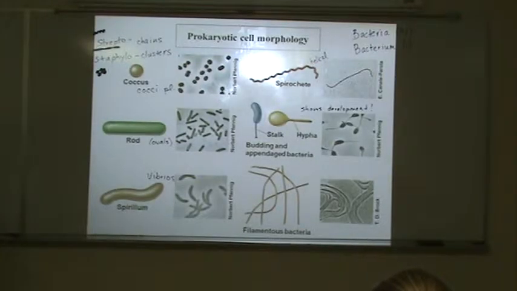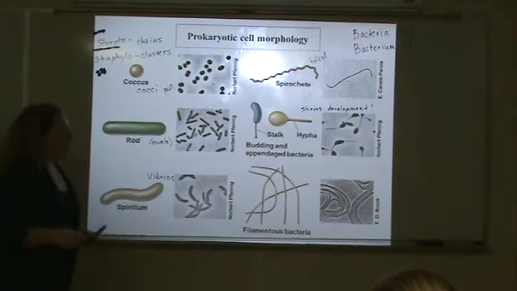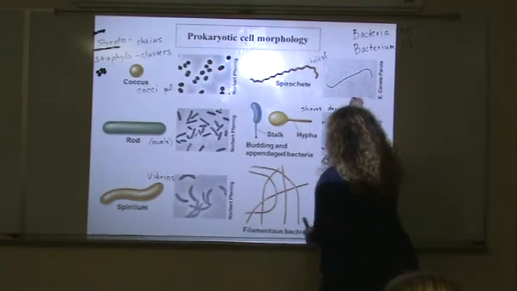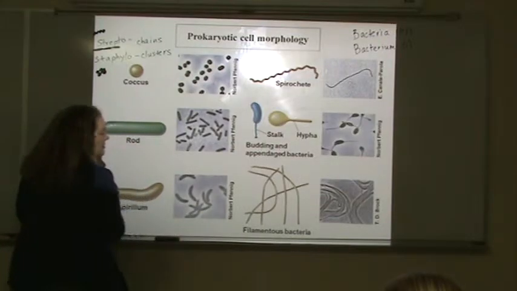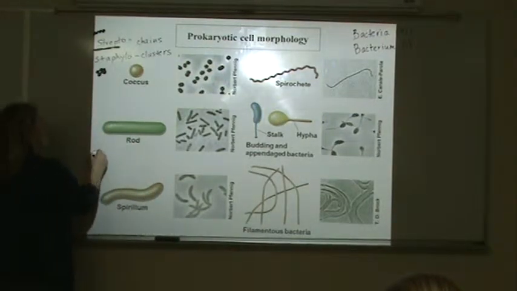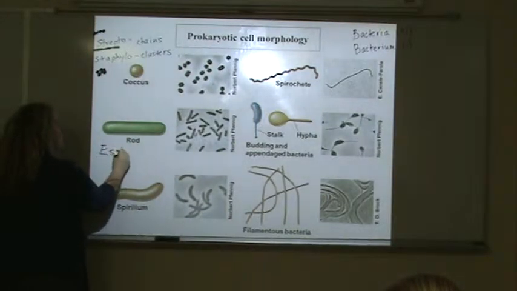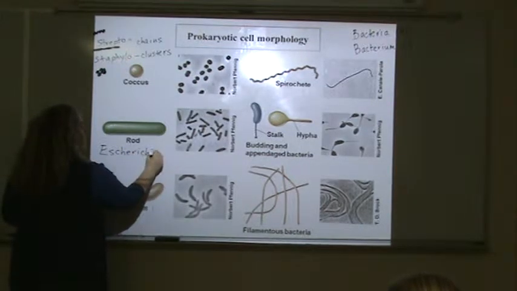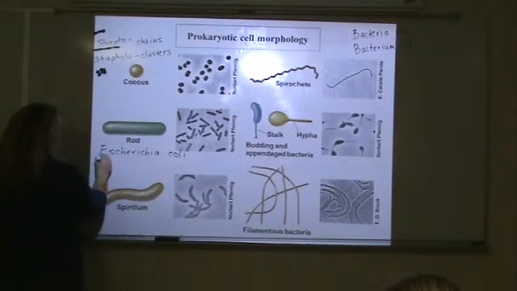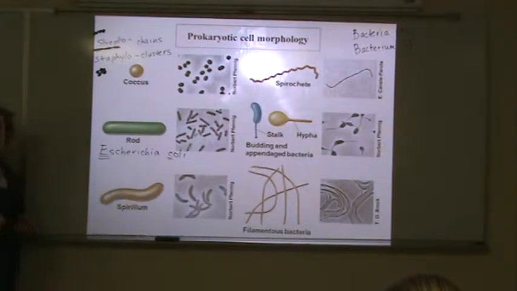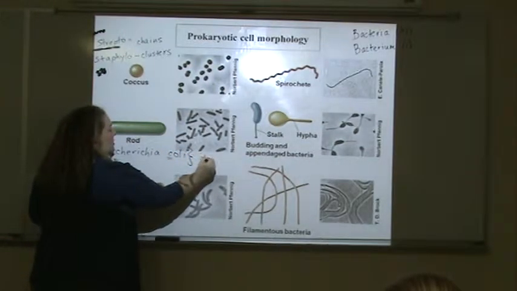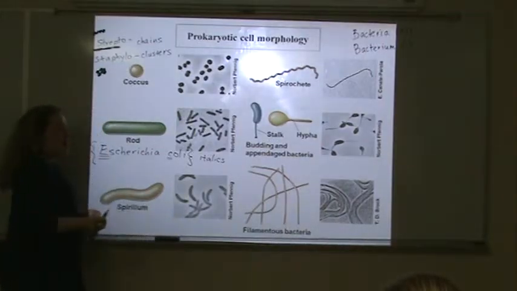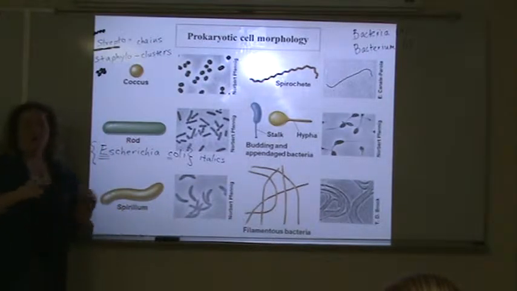Also, remember, while I'm on this topic, the way that you write scientific names of these. So for example, genus name capitalized, species name lowercase. And this whole thing should really be in italics if you're typing it.